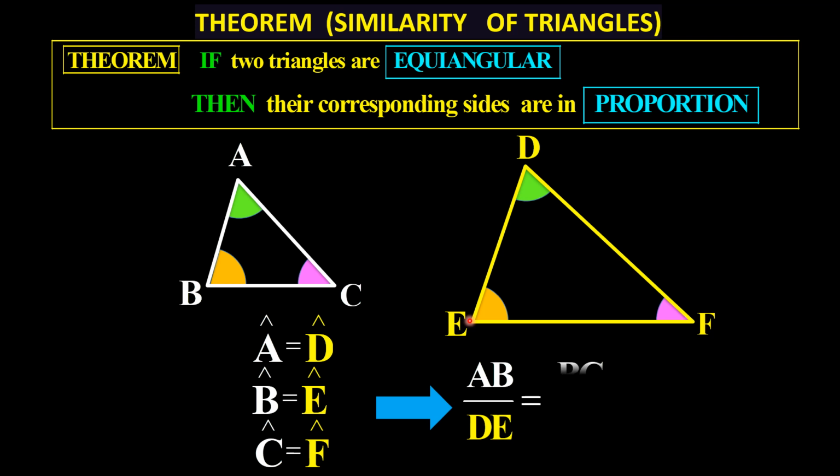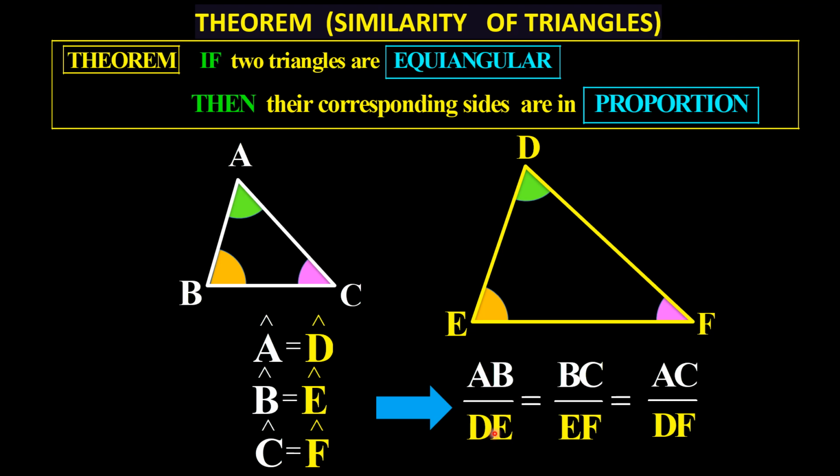Similarly, if I take BC, BC is opposite angle A, and angle A is the same as angle D, and the side opposite D is EF. That's why it's BC over EF. And then we have the last one, AC, which is opposite angle B, but angle B is equal to angle E, and the one opposite angle E is DF.